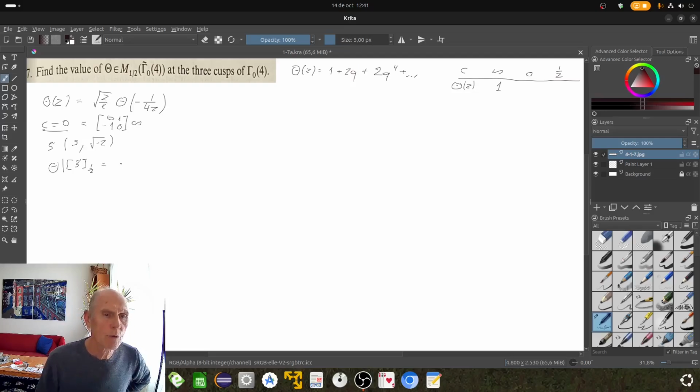So that's square root minus z to the minus first times theta of minus 1 divided by z.